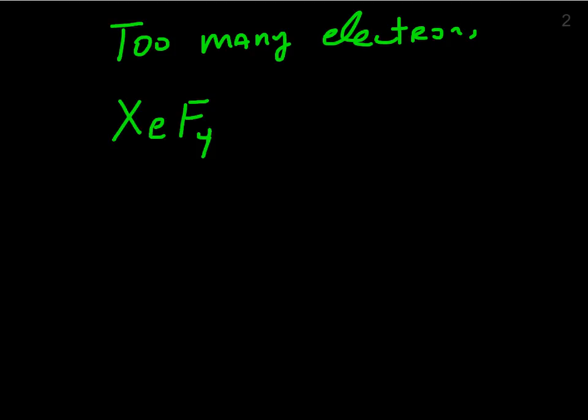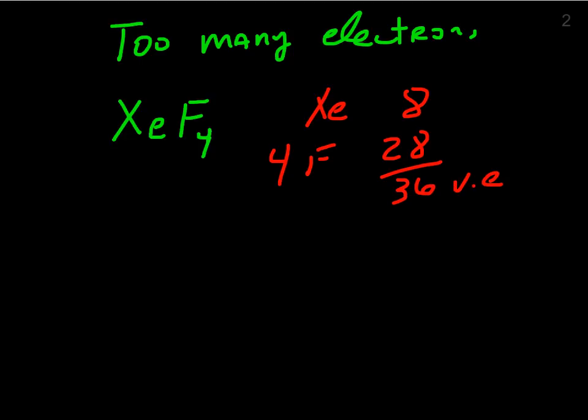So again, my rule is count up valence electrons. Xenon has 8. I have 4 fluorines. 4 fluorines at 7 apiece will be 28. So I'm going to end up with 36 valence electrons to deal with. Now I'm going to draw that skeleton structure with xenon in the middle because it's written first, and I'm going to put 4 fluorines.